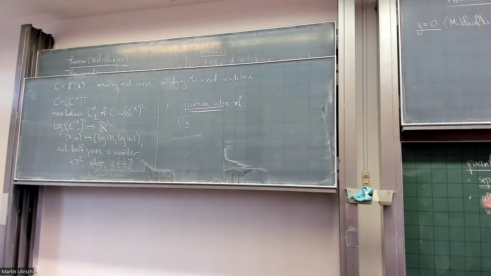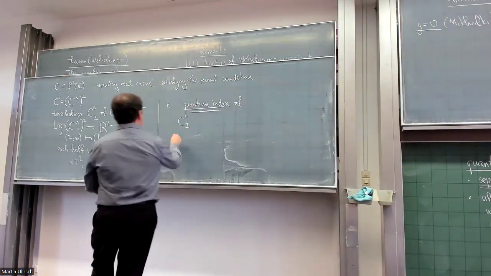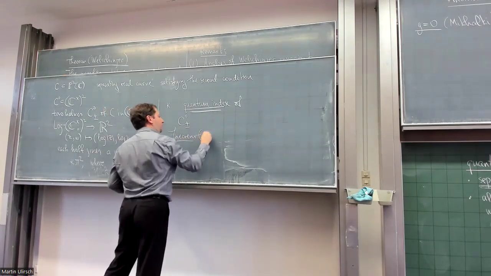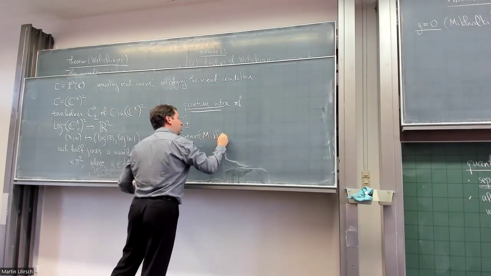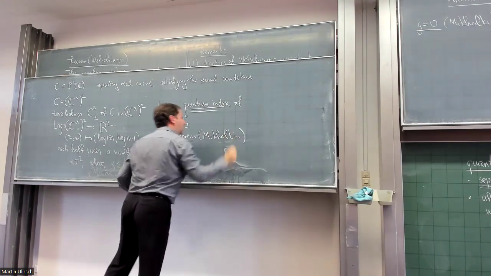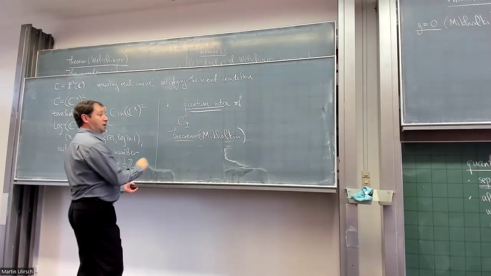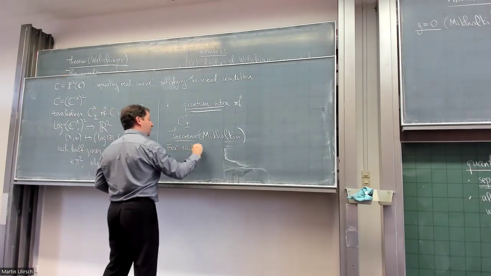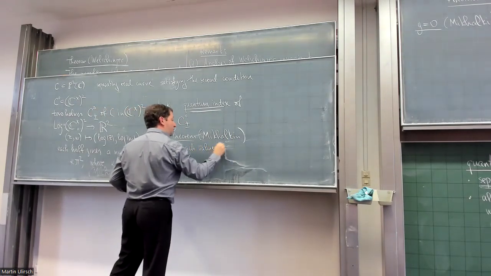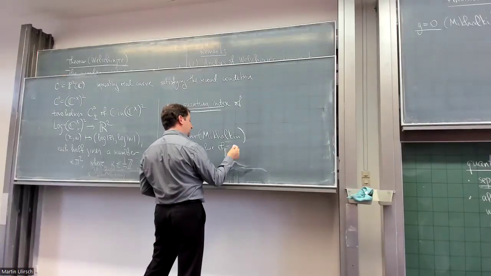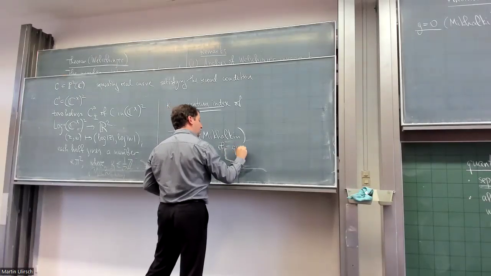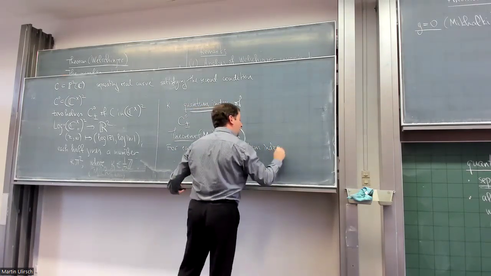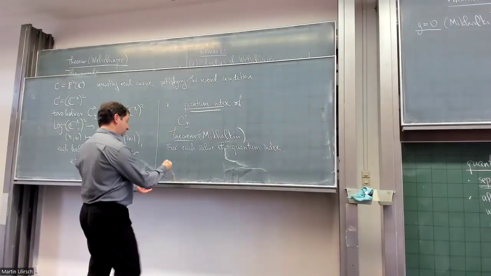So for each value of quantum index, in this enumeration, one gets an invariant.